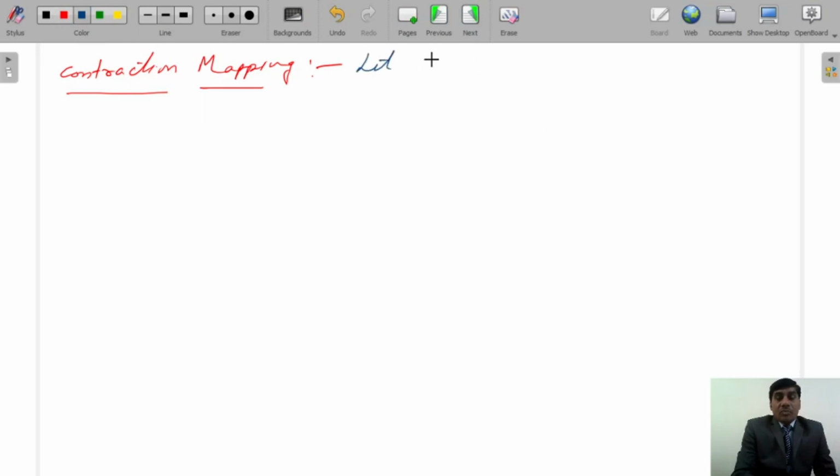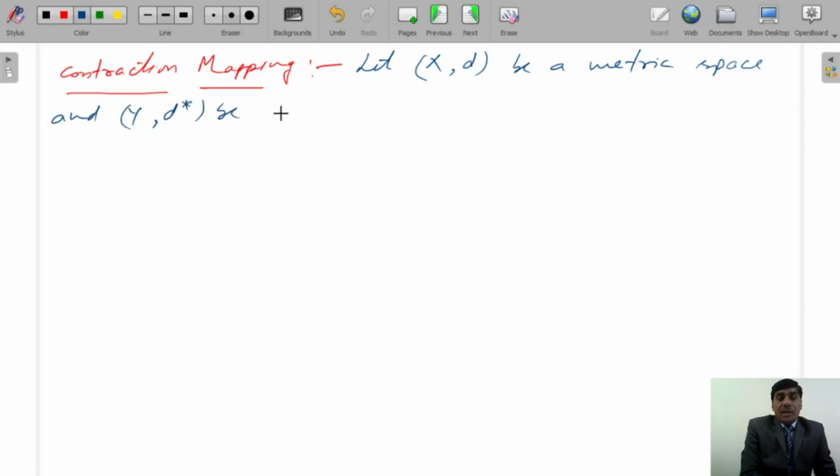Let (X, d) be a metric space and (Y, d star) be another metric space, and f from X to Y be a function.